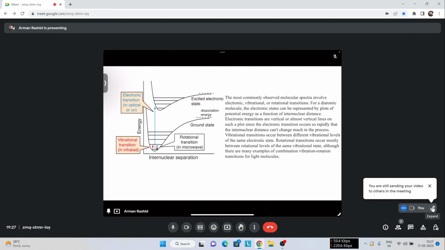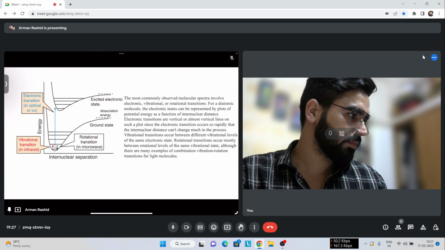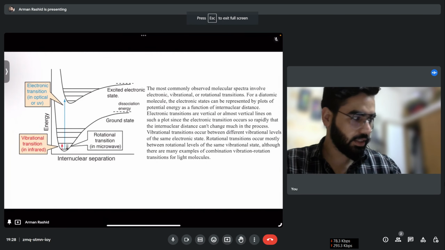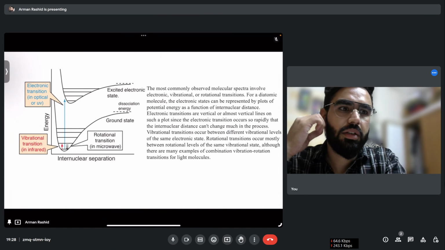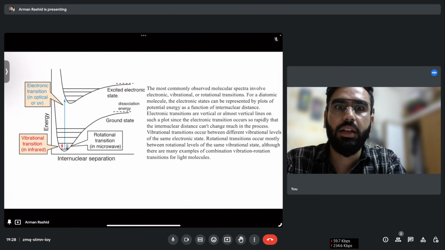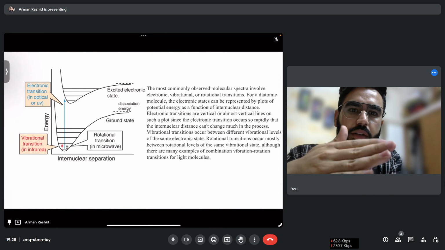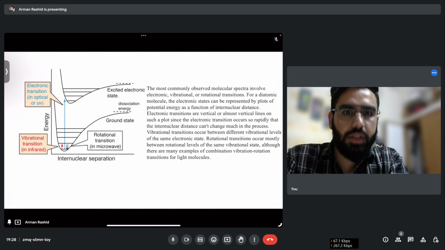In the infrared region we can't excite a molecule from one electronic state to another; we can excite only between different vibrational and rotational states, because the energy required for electronic states is higher than is given by the infrared. Then if we go lower, to microwave, we will be able to excite only the rotational energy levels, not the vibrational.